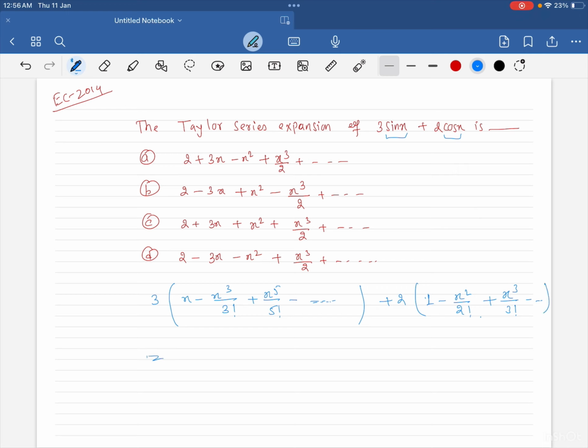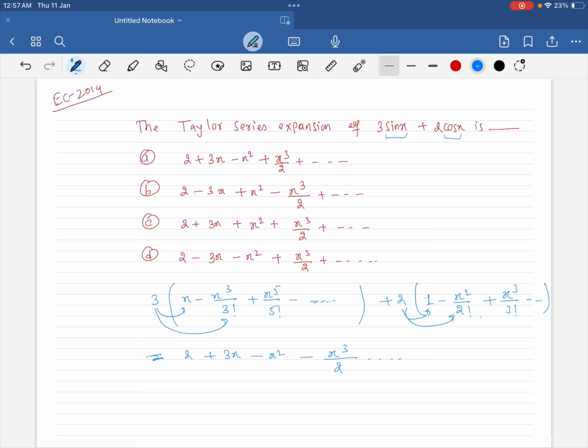Now you can multiply by 3 and 2, so this will give you 2, this will give you 3x. Now here that will give you minus x square, this will give you minus x cube divided by 3 factorial, that is 2.